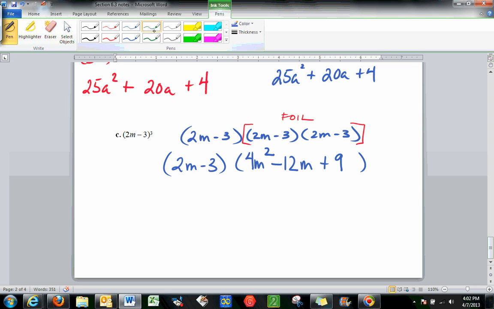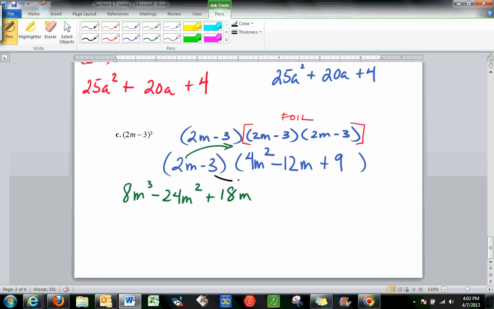And so what's going to happen here is that I'm going to distribute the 2m times everything first. That's going to give me 8m to the third minus 24m squared plus 18m.